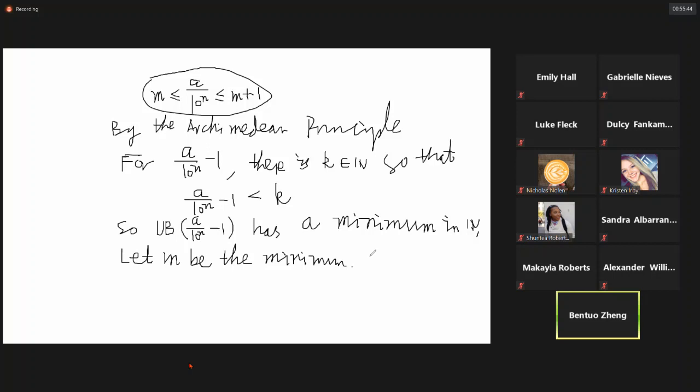All right, so m is the minimum. We certainly get a over 10 to the n minus 1 is less than or equal to m. So this implies a over 10 to the n is less than or equal to m plus 1.